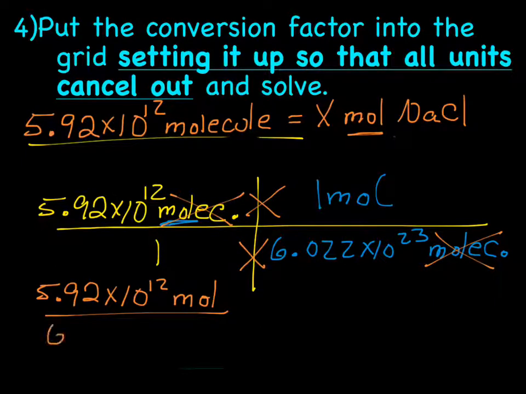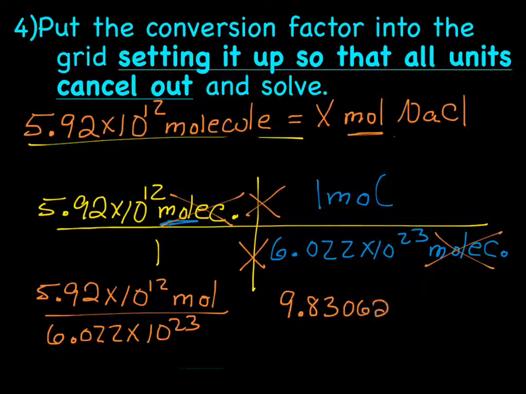We'll end up with 6.022 times 10 to the 23rd, and divide. And when I put that in my calculator, I got 9.8306211056 times 10 to the negative 12th.